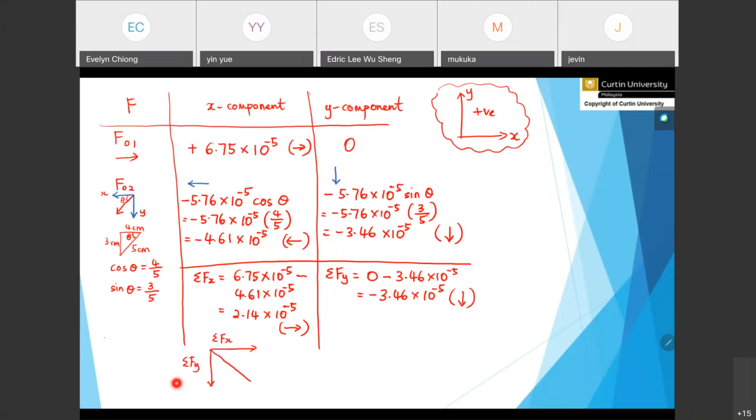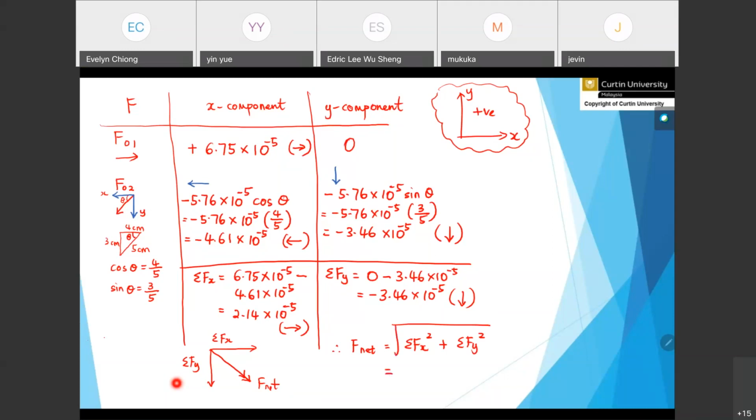So we want to get what is your F net? Okay, so F net square, and then this one also square.